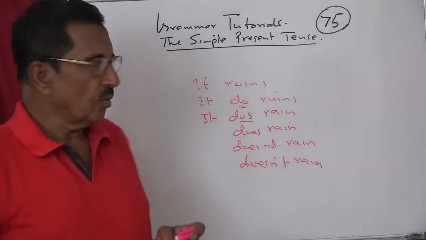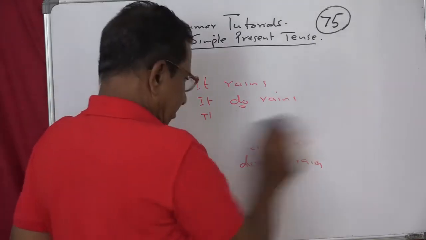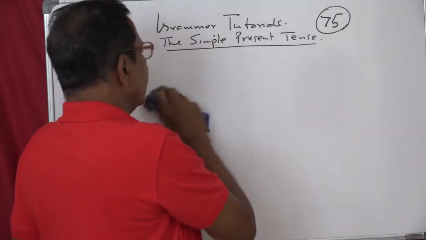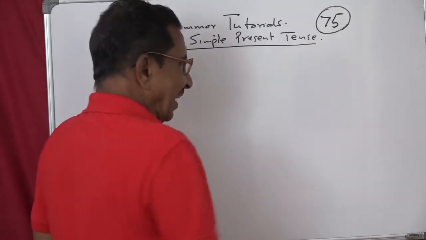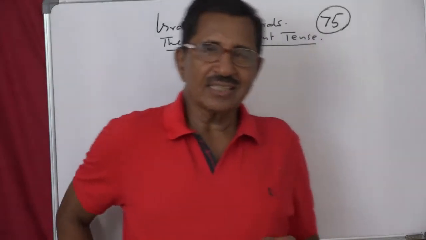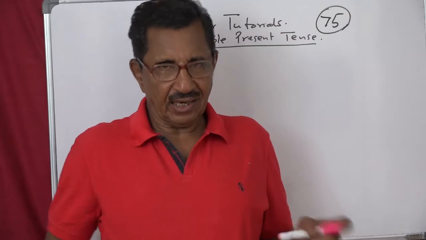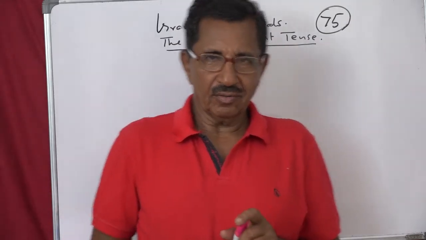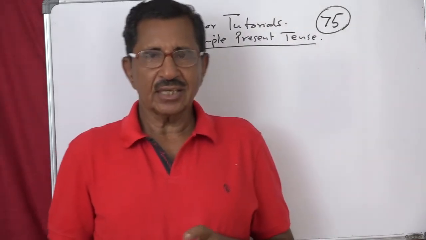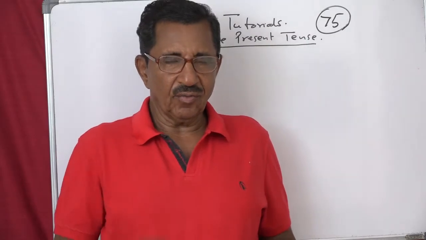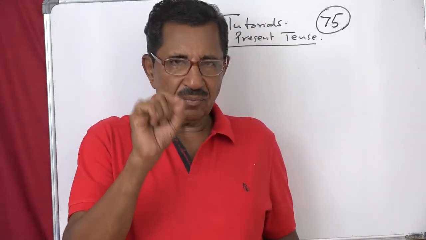Alright. So as homework, or just as a play game, make some 10 or 15 sentences and try to rewrite those sentences in the negative. Then always keep this in your mind.